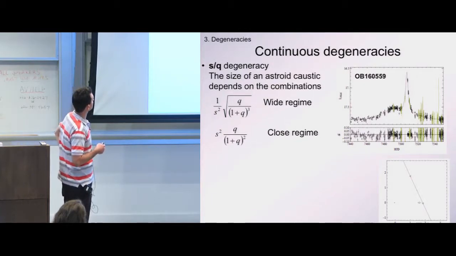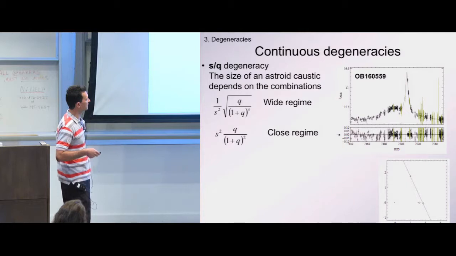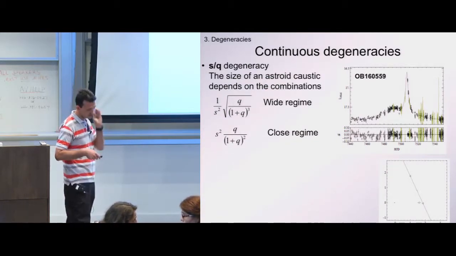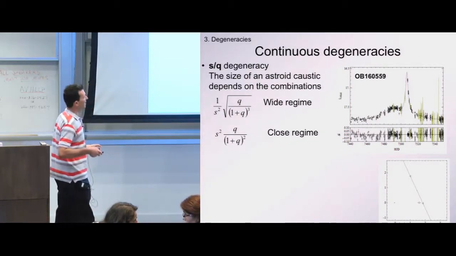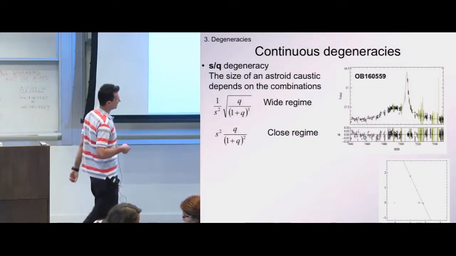The size of the asteroid caustics depends on a combination of s and q in the wide regime. In practice, if your trajectory is close to this caustic, it's difficult to understand whether this is due to a planet and s is relatively small, or to a binary, with a larger mass ratio but a larger separation.